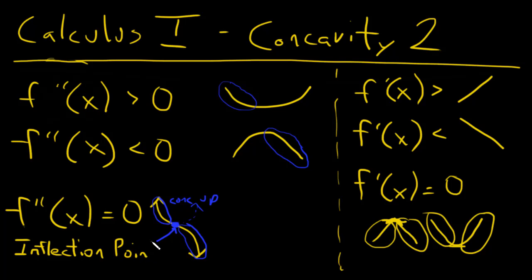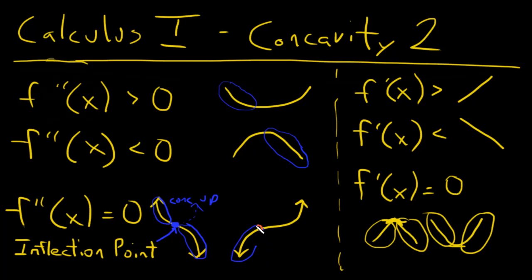All an inflection point is where you have one type of concavity changing to another type of concavity. Okay? So concave up to concave down, or you could have the opposite, which would be concave down to concave up. Let me change color.